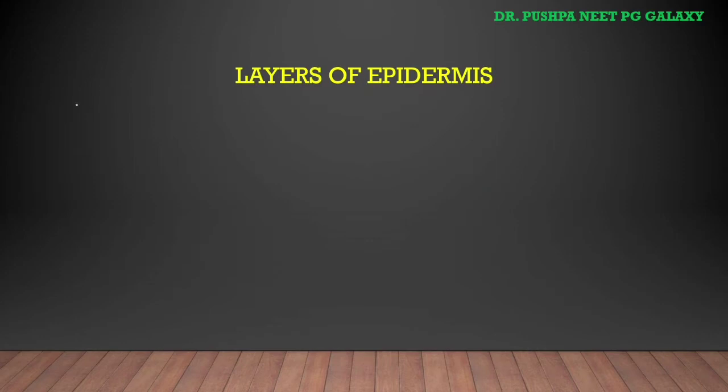Second layer is stratum granulosum. As name suggests, it has granules. These are the keratohyalin granules.